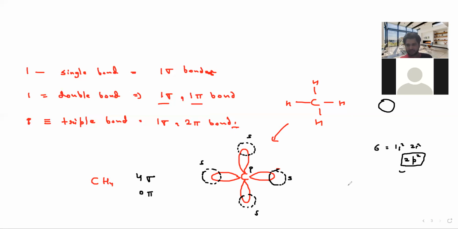Now, suppose, do you know ethane? C2H6. So in C2H6 there are two carbons. Firstly, I just want to make the shape like which you have already studied.